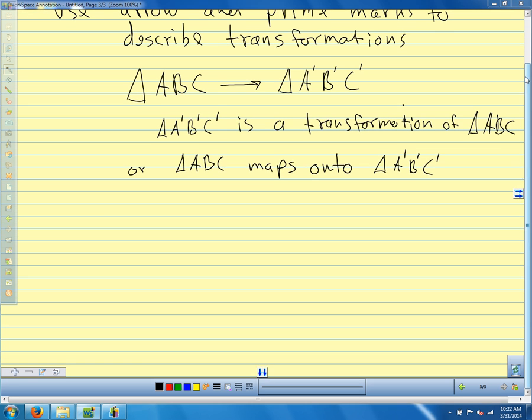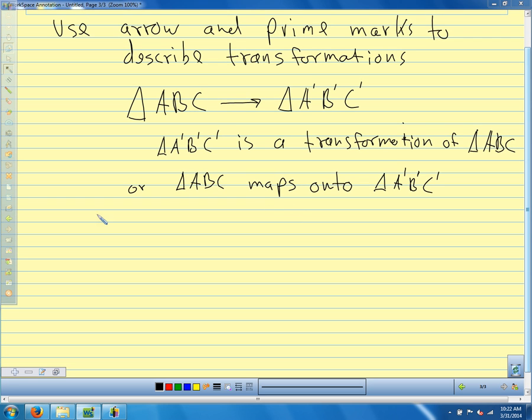So let's look at an example using this idea. For this example, triangle ABC maps onto, or transforms to, A prime, B prime, C prime. Now let me draw my triangles here.